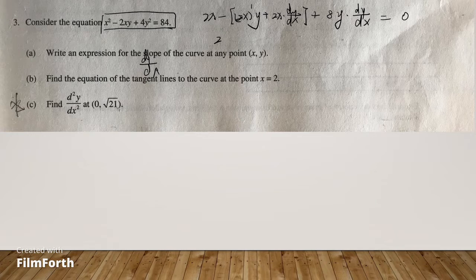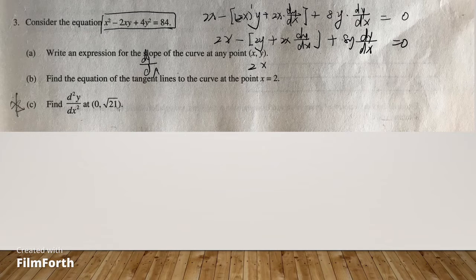2x minus 2y plus 2x dy over dx plus 8y dy over dx equals 0. And keep simplifying it.